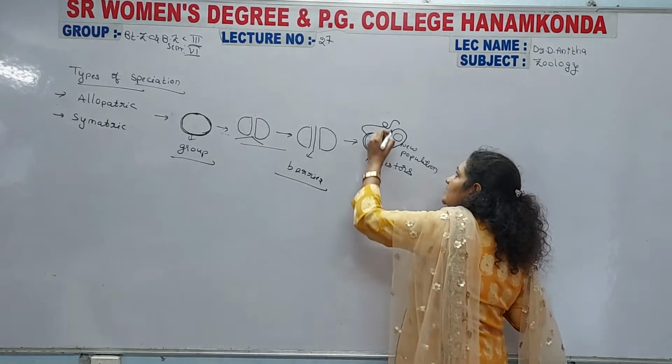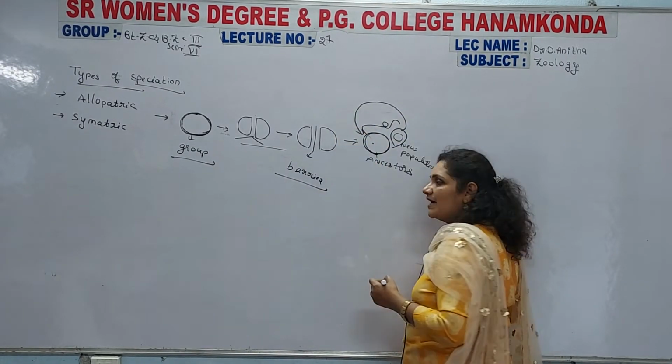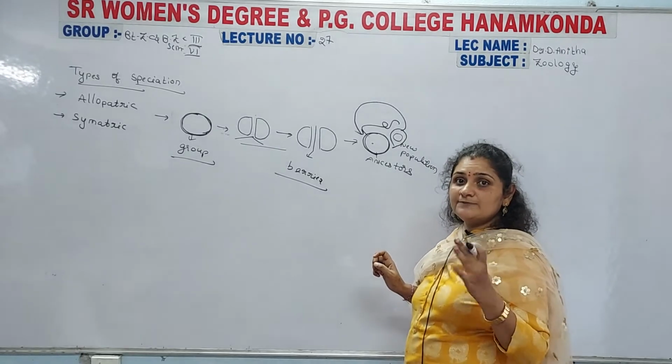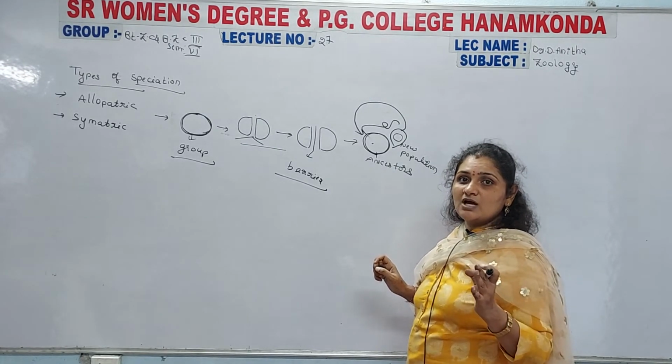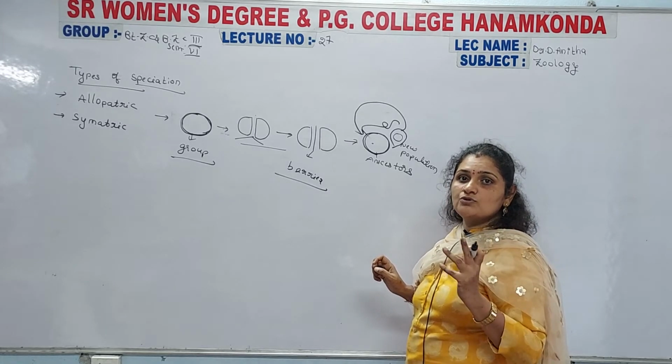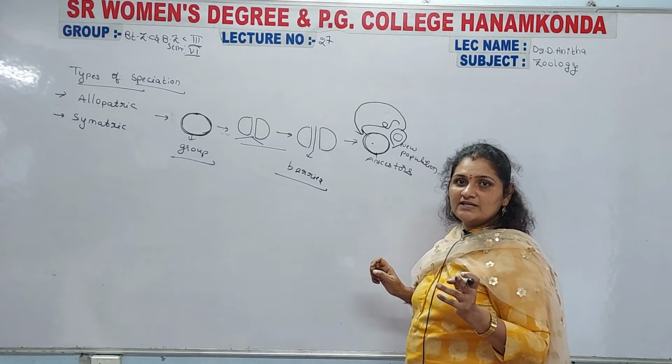Now those organisms do not combine with their ancestors, and they develop variations from their ancestors. More variations occur between those two groups because they are geographically separated.